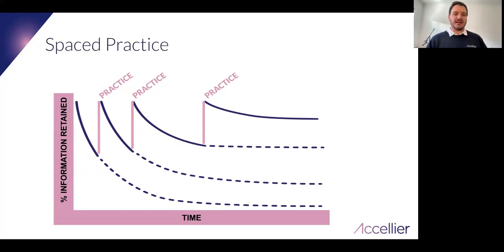You can see here the forgetting curve is being changed. The dotted line might represent what would happen if there was no practice, so the forgetting tapers out pretty quickly. And you might also notice that gradually the practice gets further and further away.